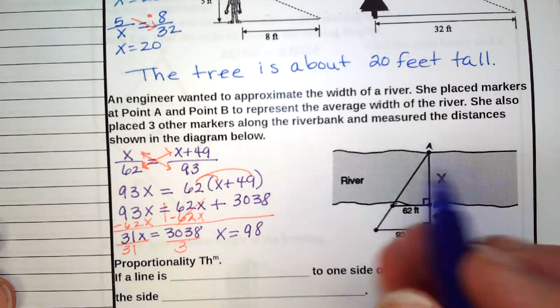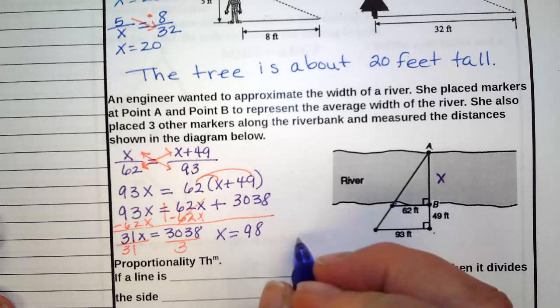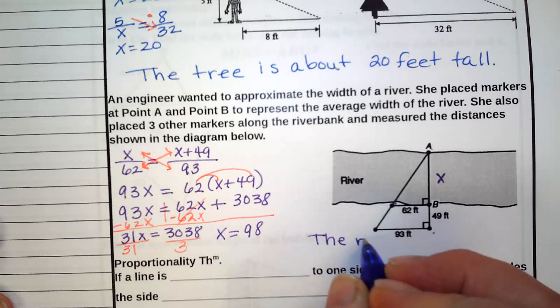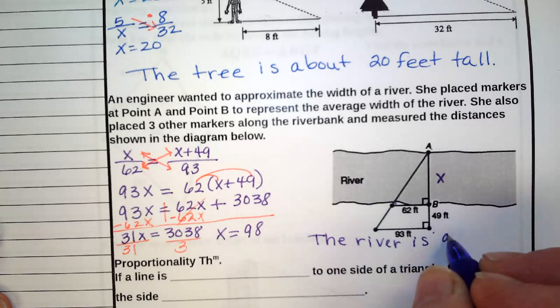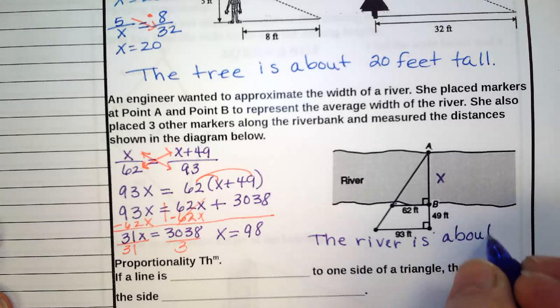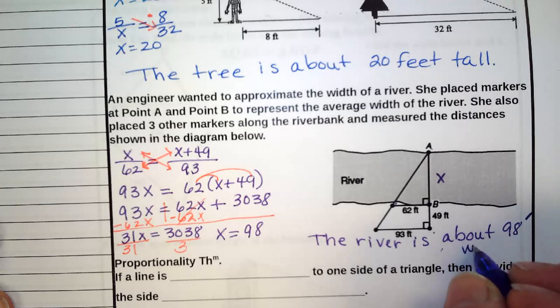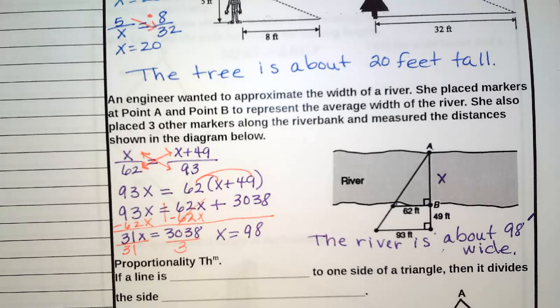So that tells us the river is about 98 feet wide. I went ahead and used the symbol for feet so I didn't have to write it out.